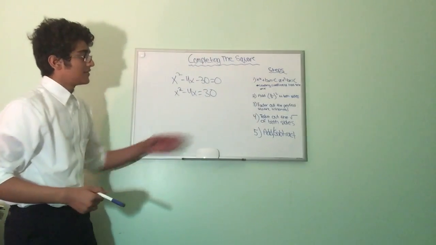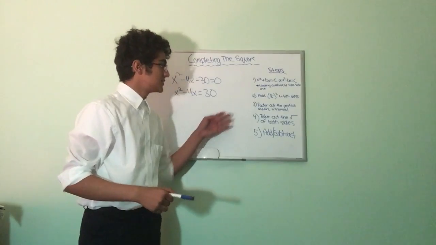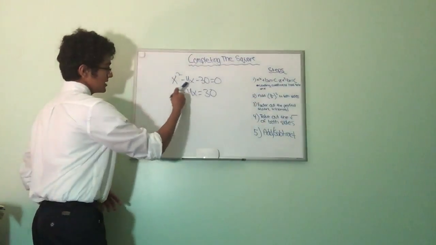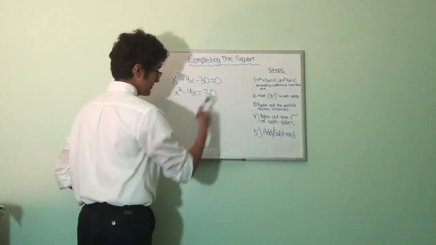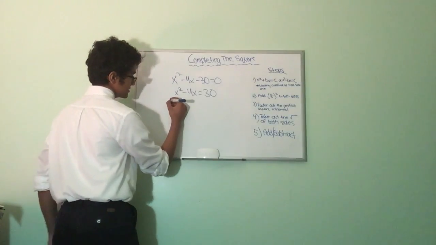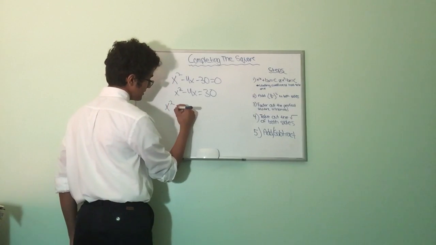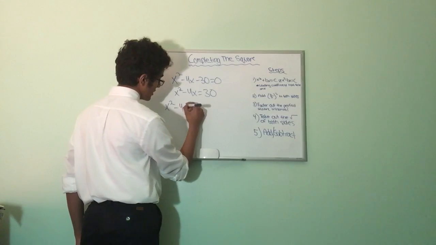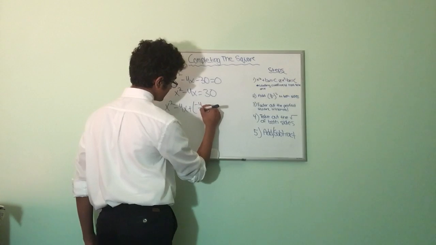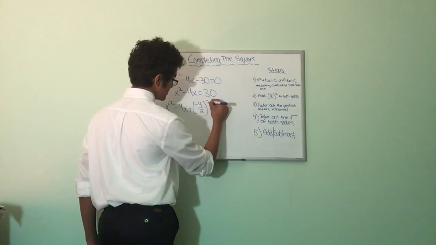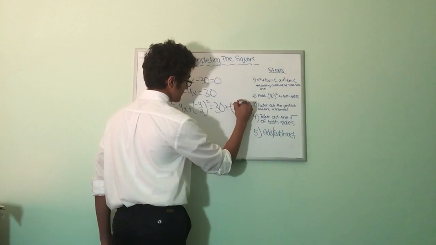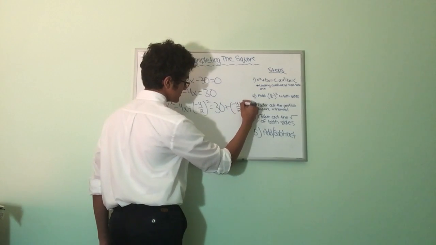And then you follow the second step, which tells you to add b divided by 2 squared to both sides. So you take the b, which is negative 4, divided by 2, and then you square it, and add it to both sides. So that would be x squared minus 4x plus negative 4 divided by 2 squared equals 30 plus negative 4 divided by 2 squared.